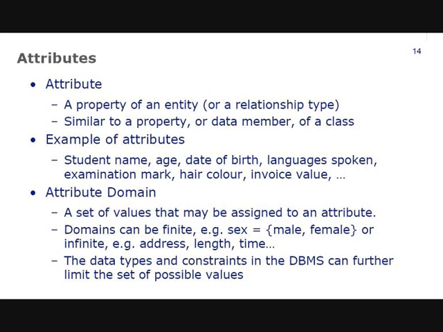Or I could have much harder to define domains, such as address, where all I can possibly define is the data type, i.e. it is going to be a text string. So I might not be able to define that domain other than by the data type. So the data types and the constraints that we can put on the data are what defines the domain in a DBMS.